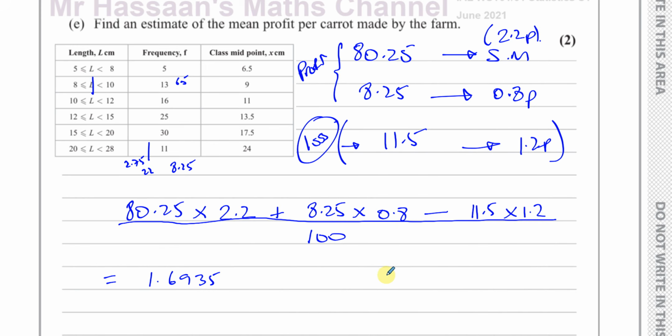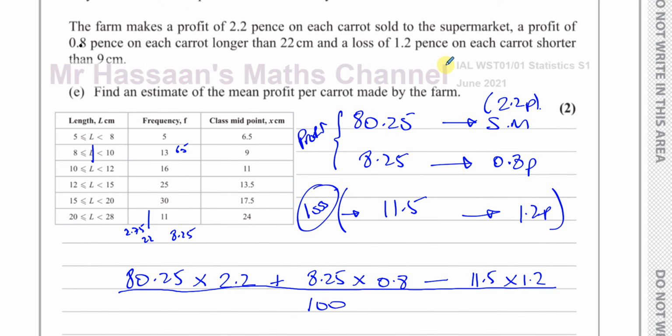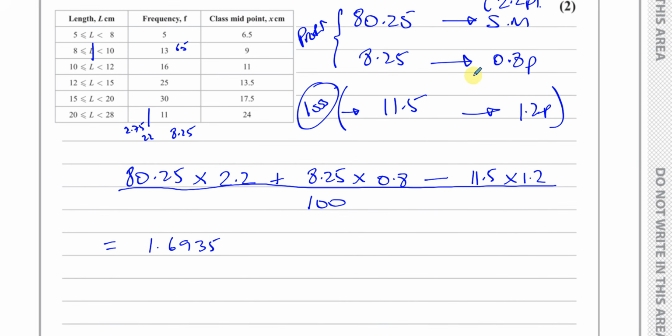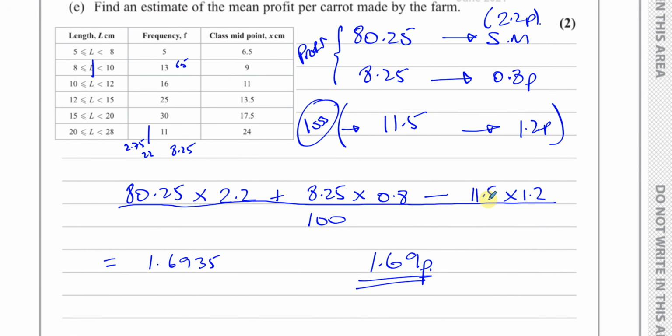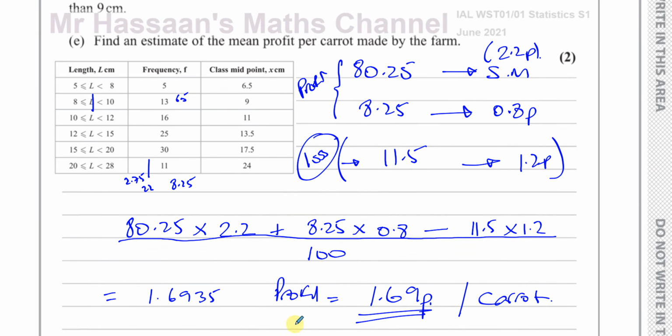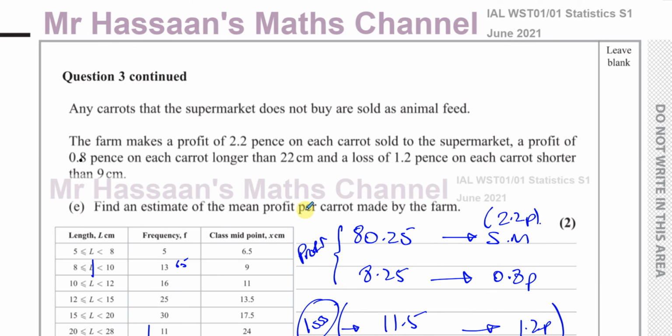In terms of pence, that's 1.69 pence per carrot. So the profit is 1.69 pence per carrot. And there we have the answer to part E, and we have now completed question number 3 from this paper.